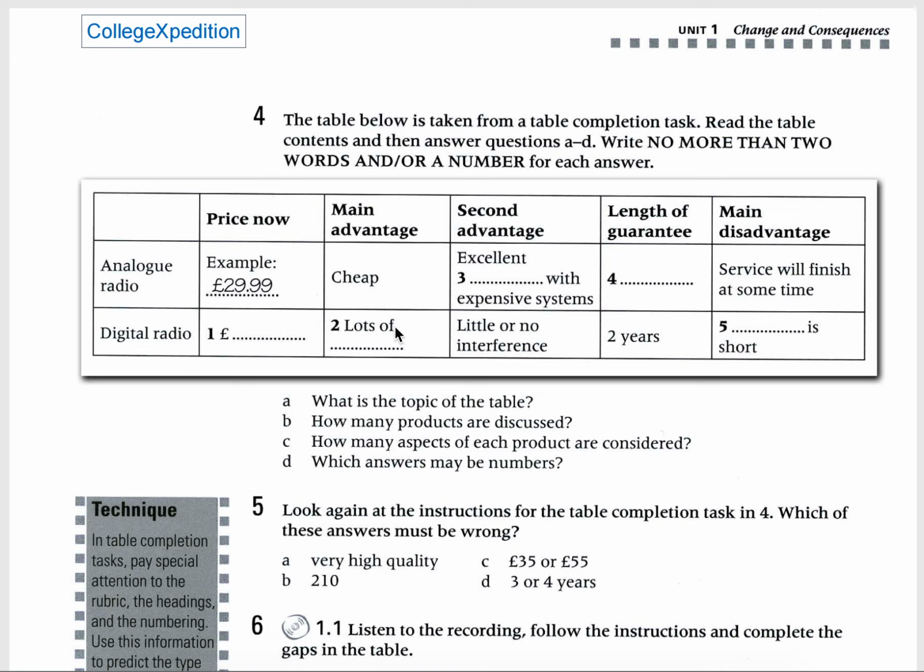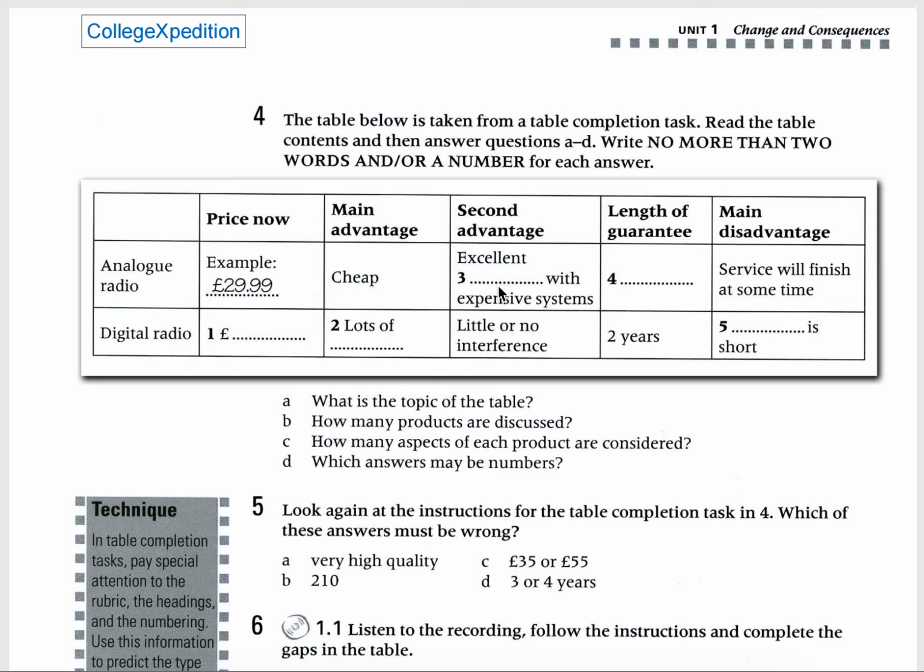And the second, here you also have the keyword for the main advantage. So here the keyword is cheap, but you're expecting something different. What you're expecting is a noun. How do you know a noun? Because the "of" here tells you that what's coming next is a noun.